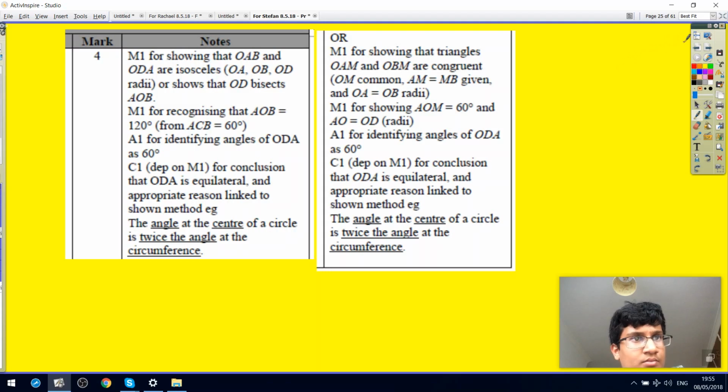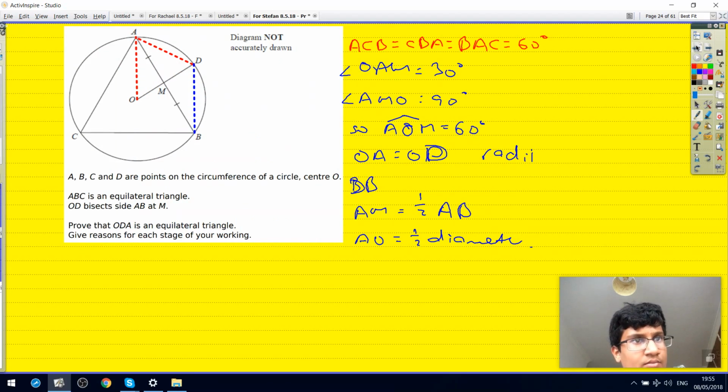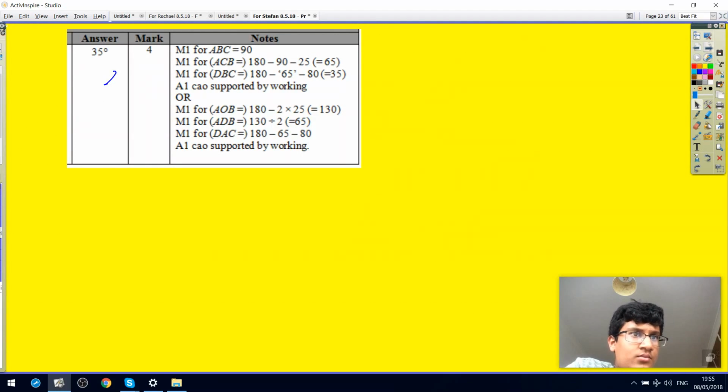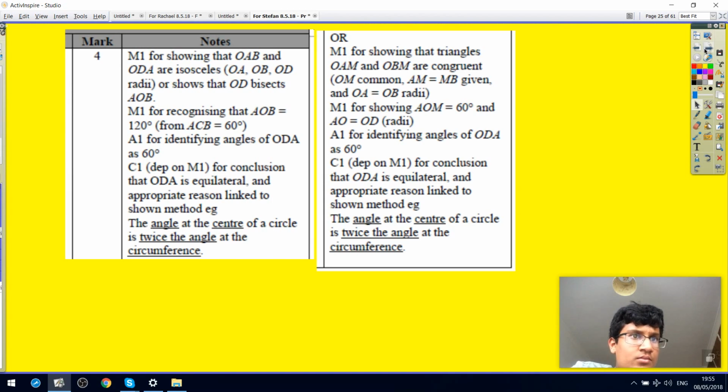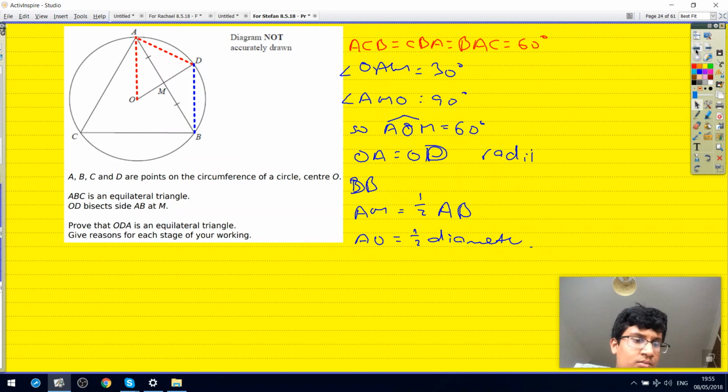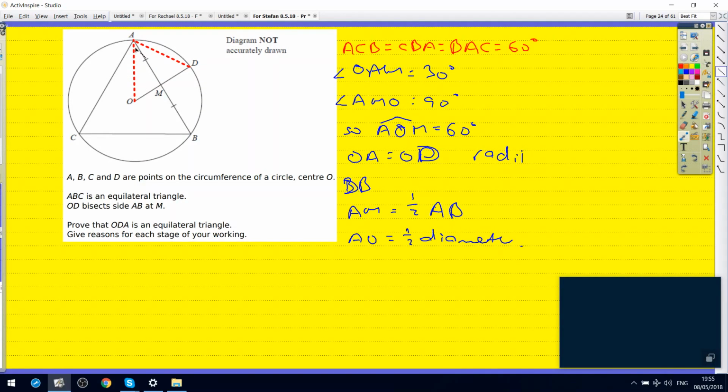Let's take a look. OAB, ODA are isosceles. OAD, OBA. Hang on. OAB.